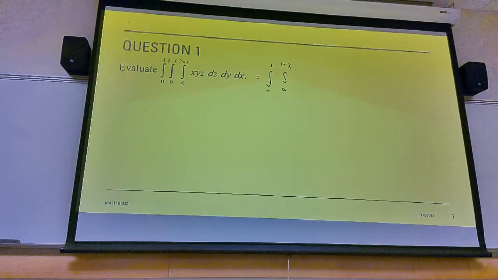I wrote it as x y z squared over 2. Go back to my convention.